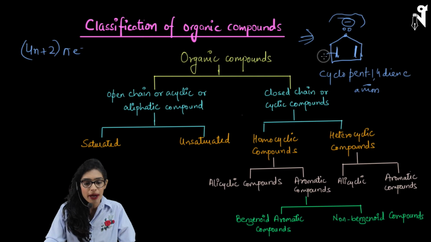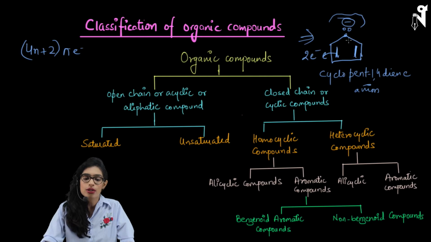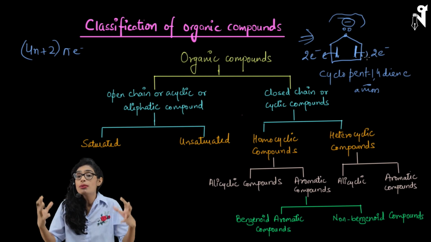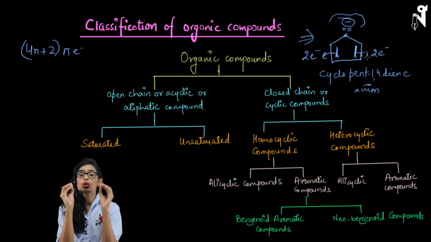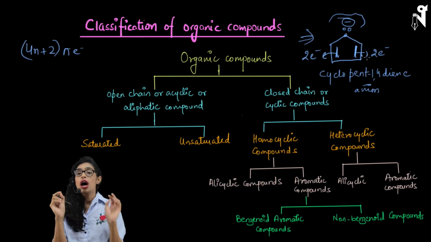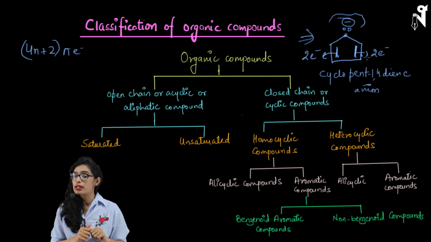So we have one pi bond over here, so that means two electrons here, two electrons here, and mind it, the negative charge also acts as pi electrons. The negative charge which has formed due to the excess electron, those two electrons which are causing the formation of the negative charge, are also called pi electrons.